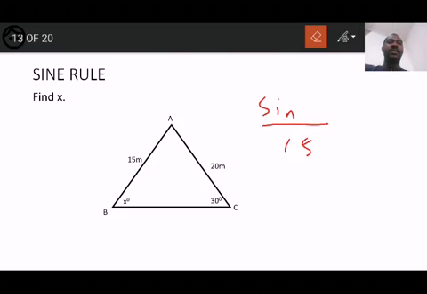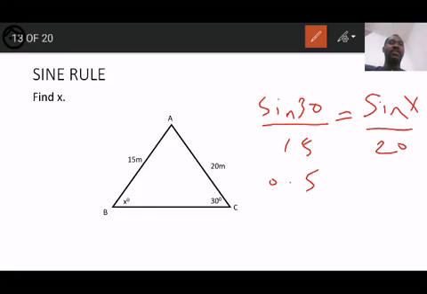is equal to sine x. We don't know what x is, all over the side facing x, which is 20. Now sine 30 with our calculator is 0.5, so 0.5 over 15 is equal to sine x over 20.